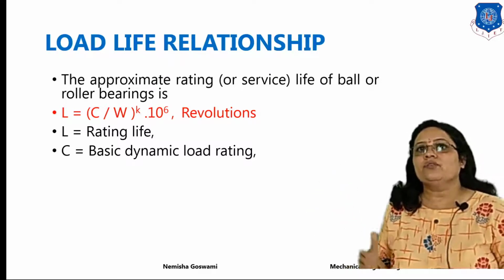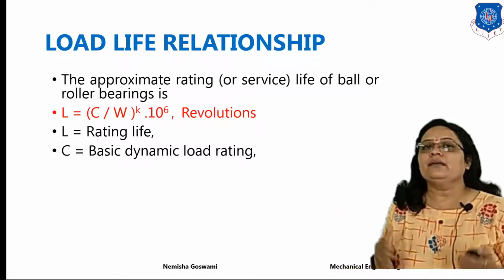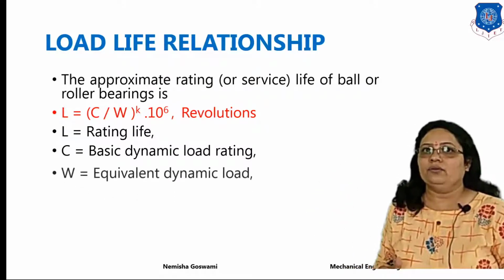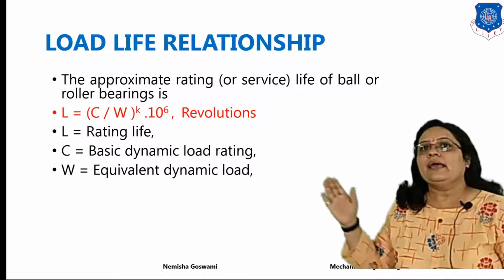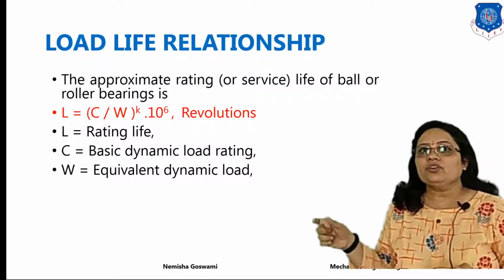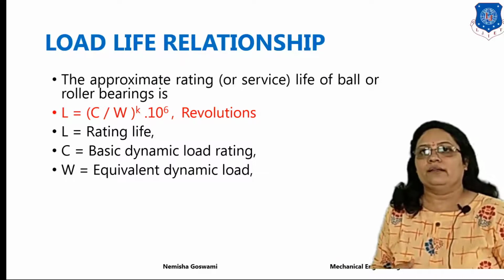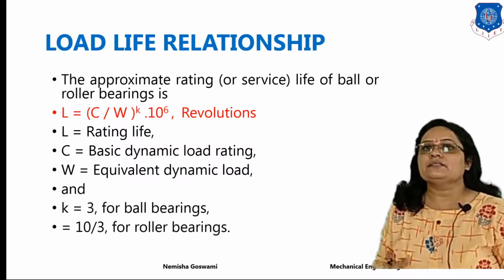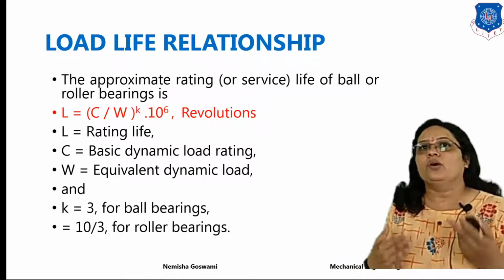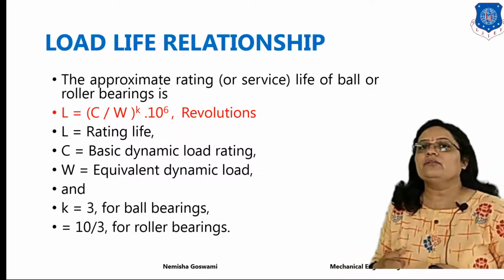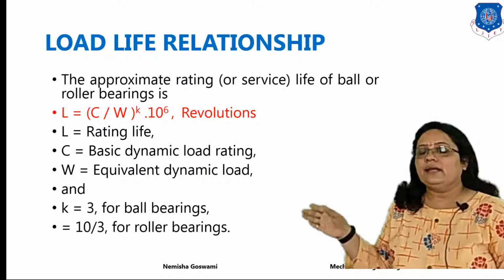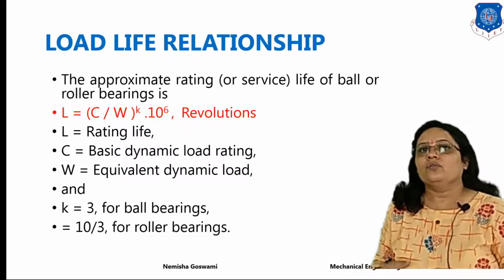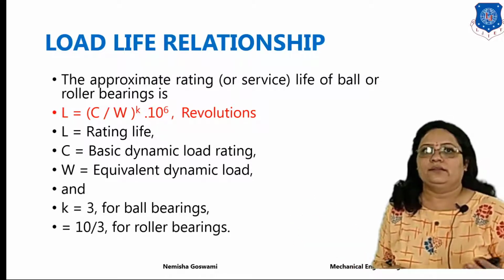C is the basic dynamic load rating, and W is the equivalent dynamic load, right? And K is a constant. K is equal to 3 for ball bearing and K is equal to 10/3 for roller bearing. So its value is 3.33, right?